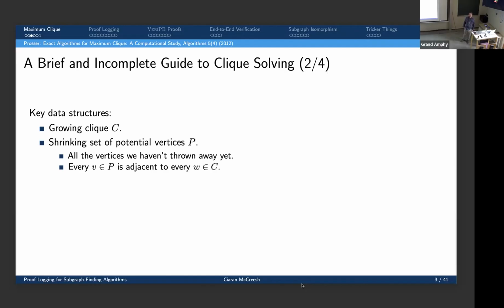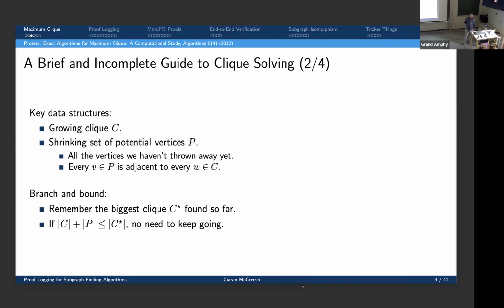And the invariant we maintain is that every vertex in P individually is adjacent to every vertex in C. So for any vertex in P, we are always allowed to pick it and add it to the clique. And we always maintain these 2 data structures and properties during the execution.